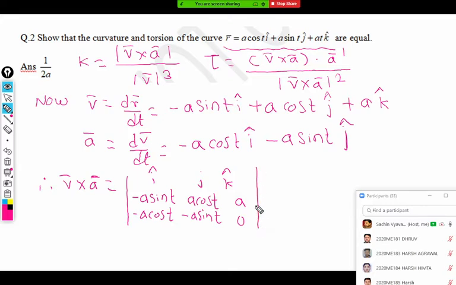Now let me expand this determinant. i cap into 0 minus a square sin t, so plus a square sin t.